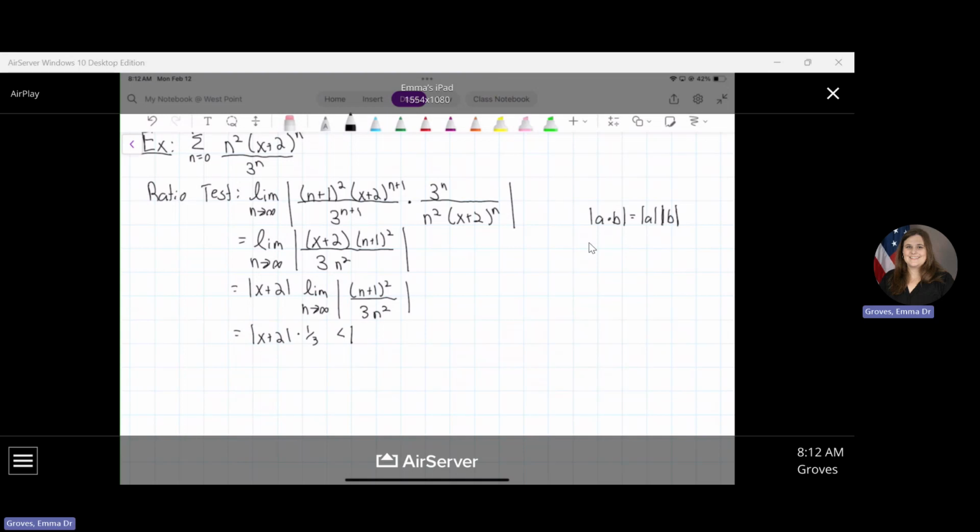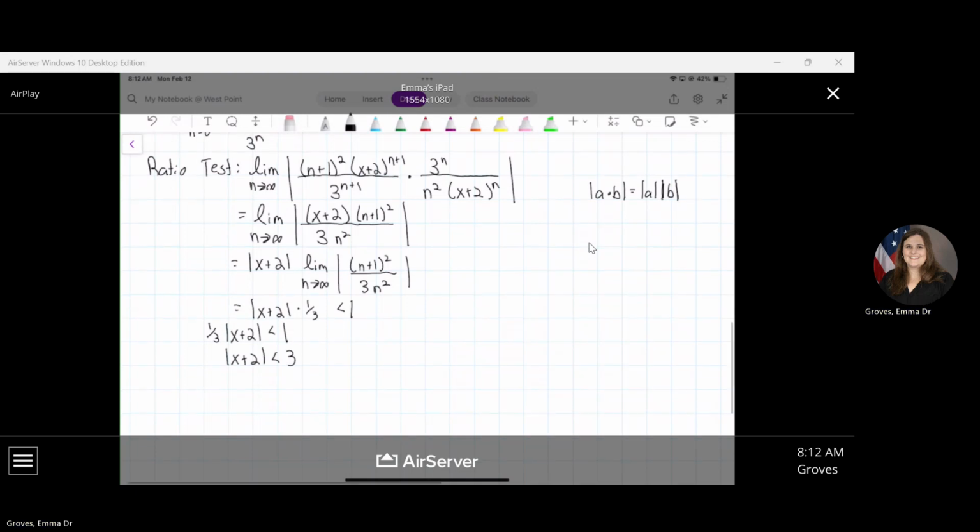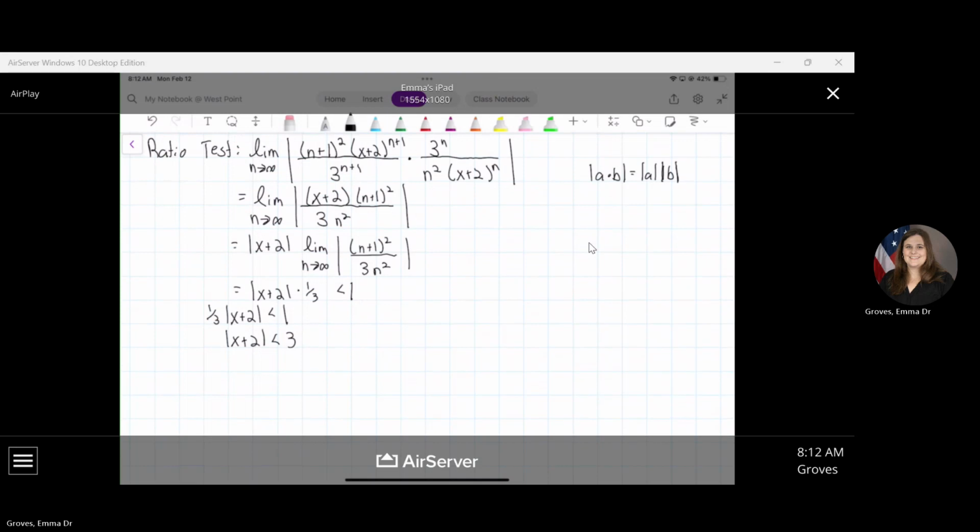So if I have 1/3 times the absolute value of x plus 2 is less than 1, I can multiply both sides by 3 and get the absolute value of x plus 2 is less than 3. And then how can I keep solving this from here? Yeah, -3 is less than x plus 2 is less than 3.